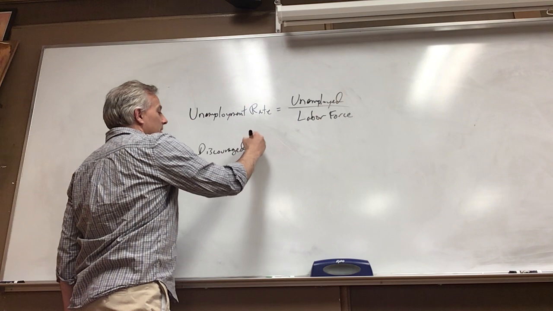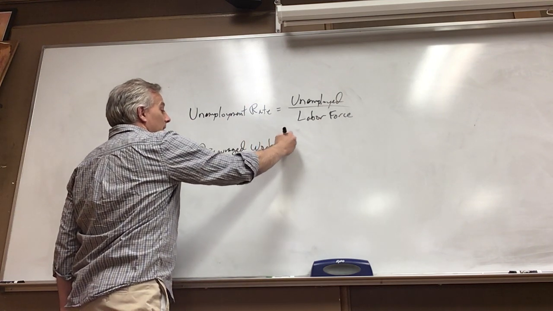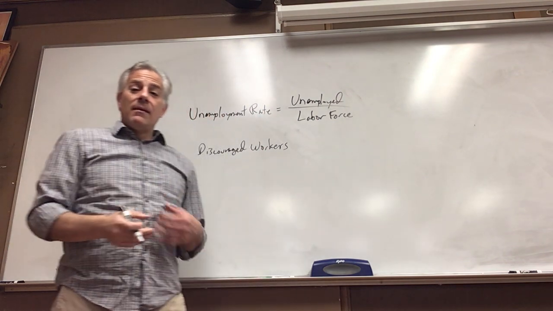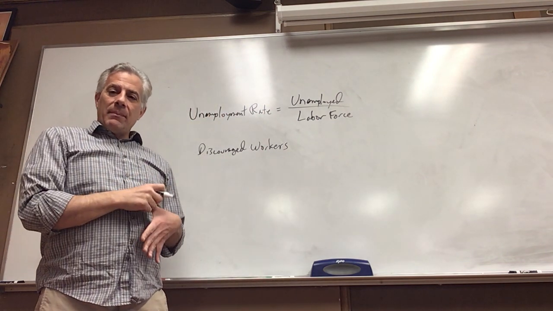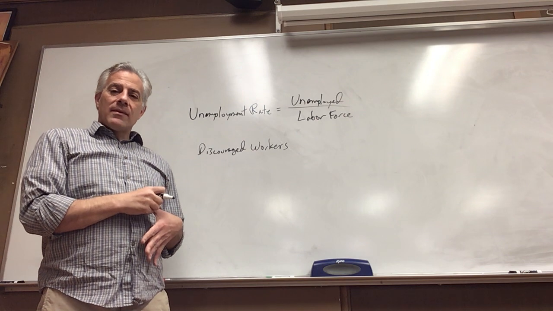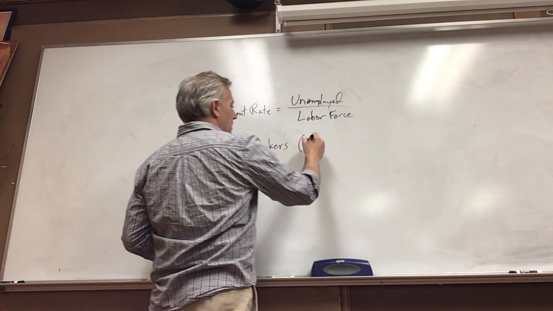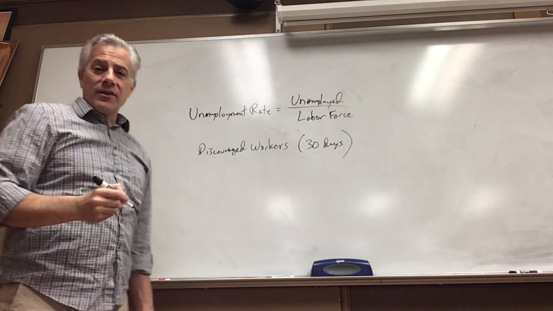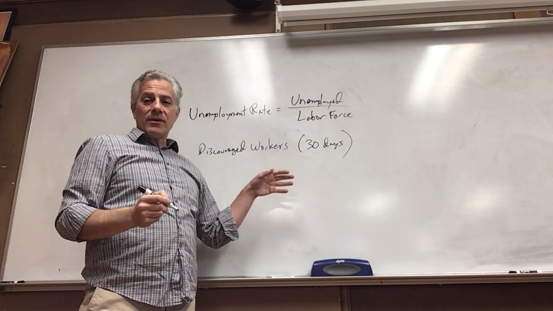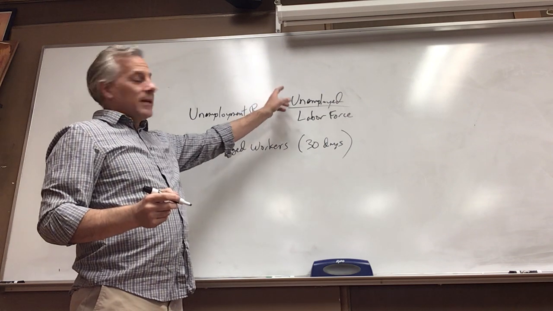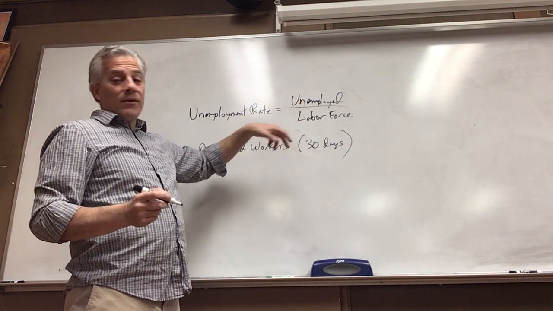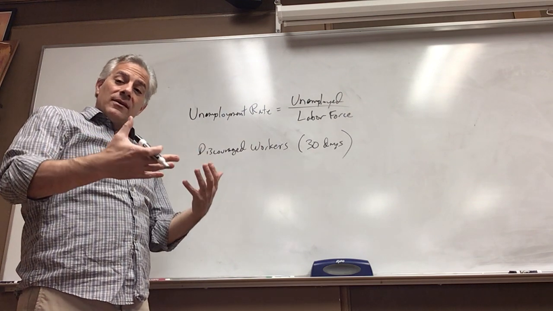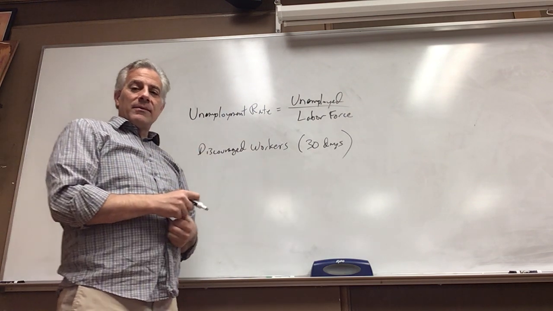So this is the reason why, even though we're in a super bad time, the unemployment rate has been going down, because a record number of people are leaving the labor force, okay? If they have not looked for work in 30 days, they drop out of the labor force. So we're decreasing the unemployed and the labor force by that individual that's a discouraged worker, which artificially lowers the unemployment rate.